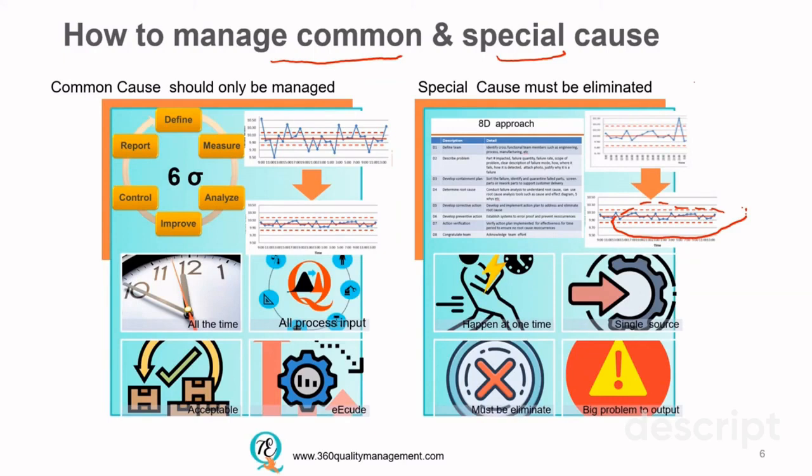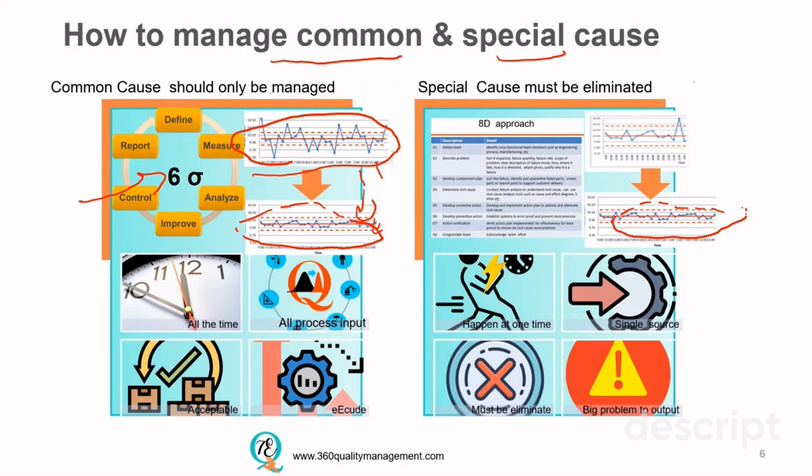We cannot eliminate common cause variations, and we can only control the variations to the smallest possible using a Six Sigma approach, especially if you are in a high volume type of environment. We can reduce the process input variations and achieve Six Sigma quality from here.